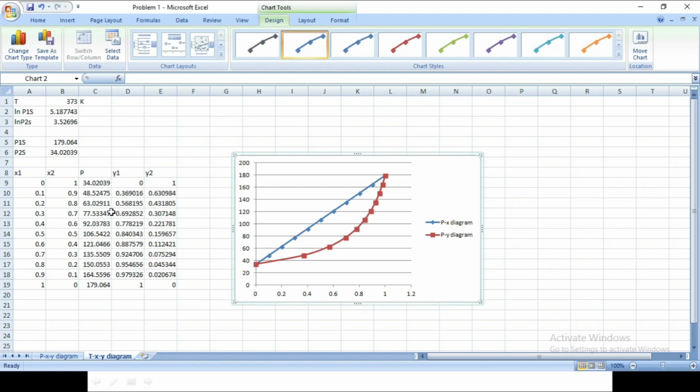Thus, we have successfully constructed the PXY diagram for the given benzene ethyl benzene system.